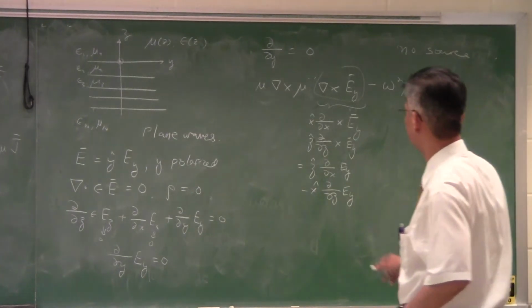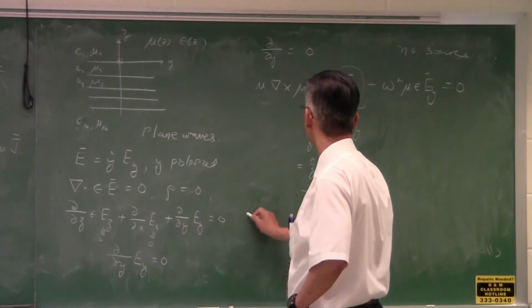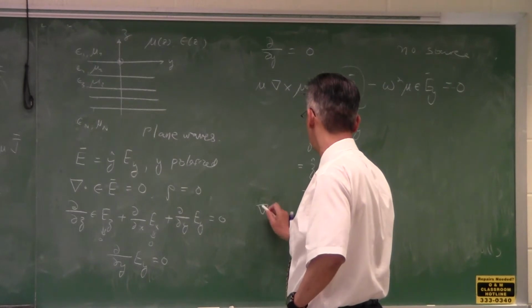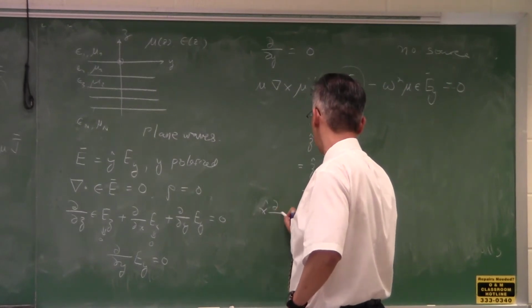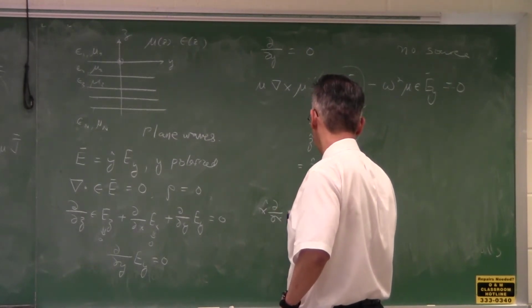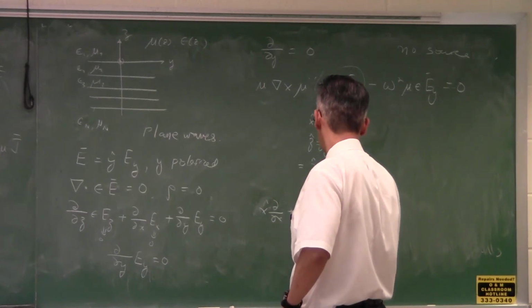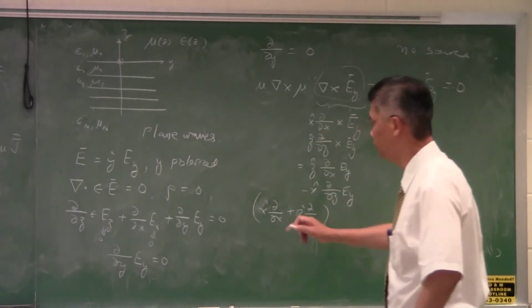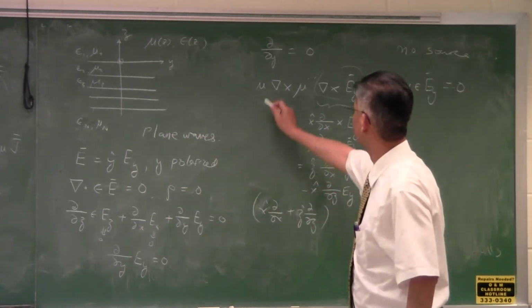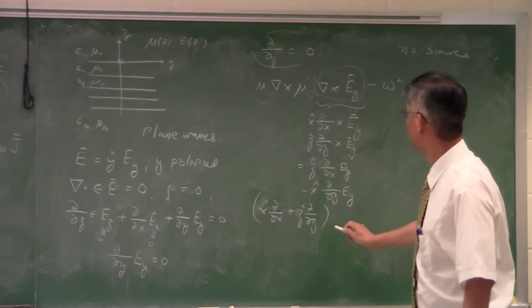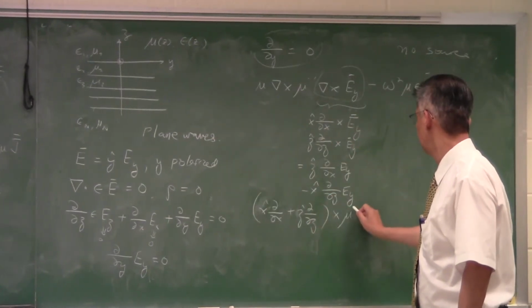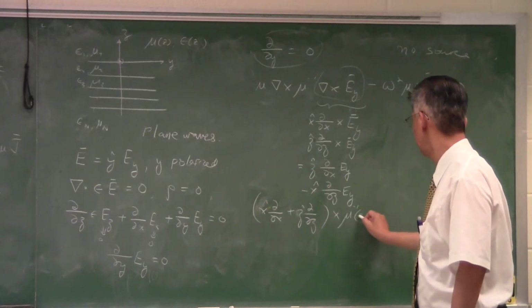Then if I look at the next term, it will be x partial x plus z partial z, because I assume no y variation already. So I don't have to include the other term. Mu is a function of z in this problem.